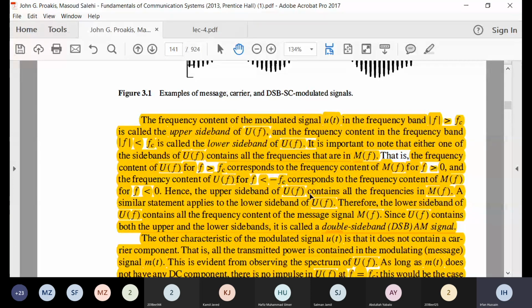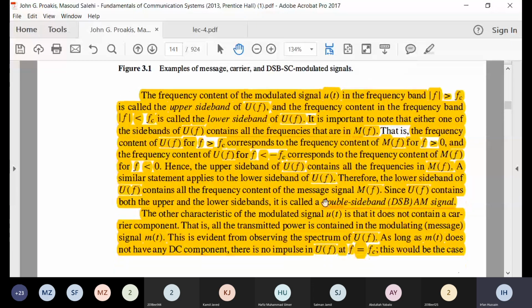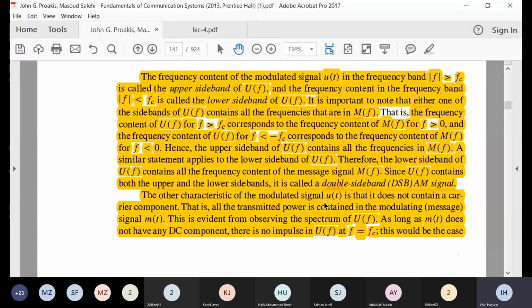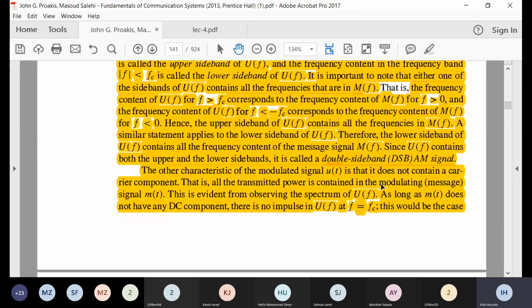So the upper sideband contains all the frequencies. Similarly, you can see for the lower sideband. That is why you can call this double sideband suppressed carrier signal double sideband, because it contains the total upper sideband as well as the lower sideband, so the information is present twice. That is why it's called double sideband.